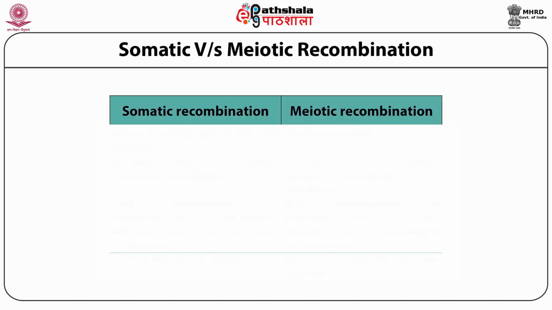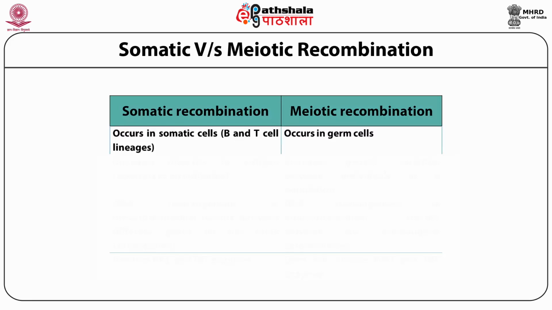Now that we have discussed combinatorial diversity, we need to understand that this bringing together of immune genes is caused by DNA rearrangement. This DNA rearrangement occurs in B cells and T cells, which are somatic cells, and therefore is known as somatic recombination.